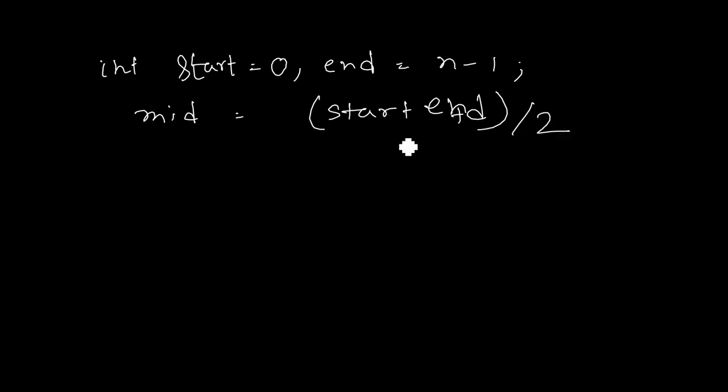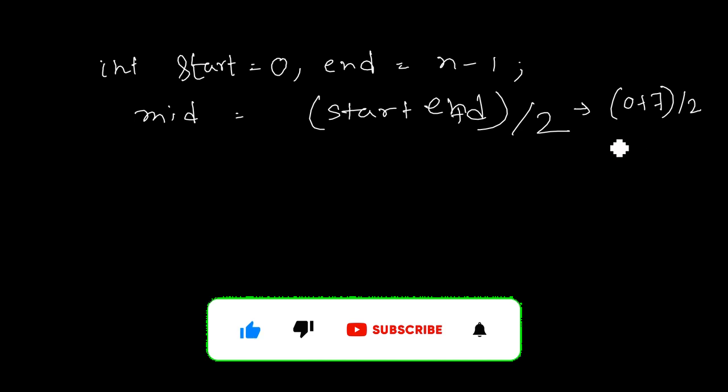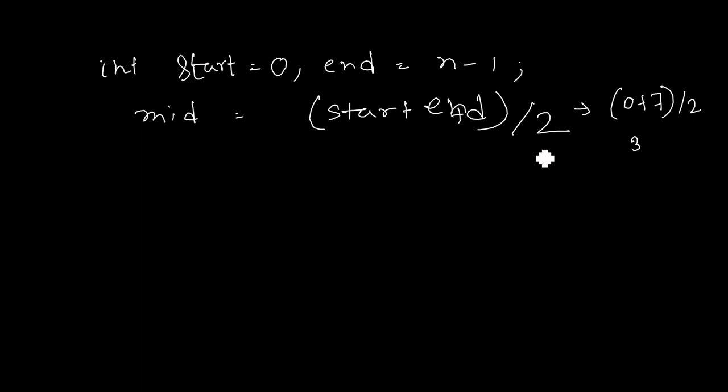We will find the mid element. So in case there is an even number of elements, for example there are 8 elements, then our mid value will come like this. So 0 plus 7 by 2, it will give 3. So it's actually the third element if we are talking about 0th index. So 0, first, second, third element will be our mid.